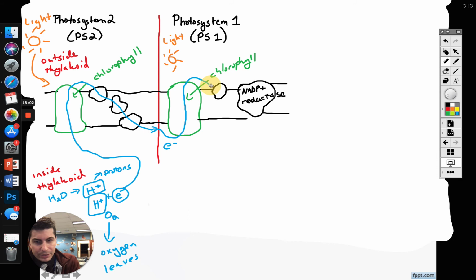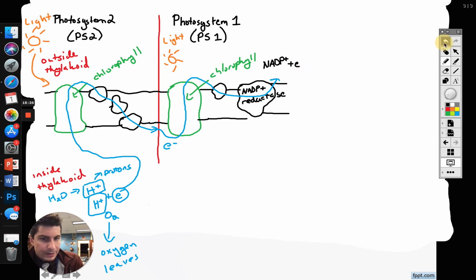Now it's going to go to our accessory protein, and then it's going to go to NADP plus reductase. What's going to happen here is we are going to add an electron to the NADP plus.